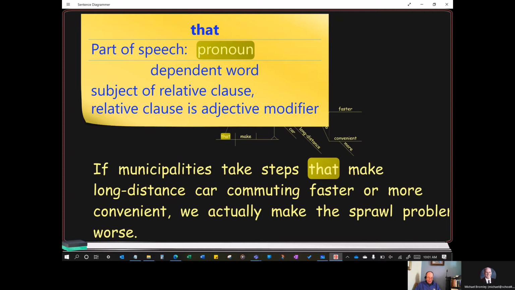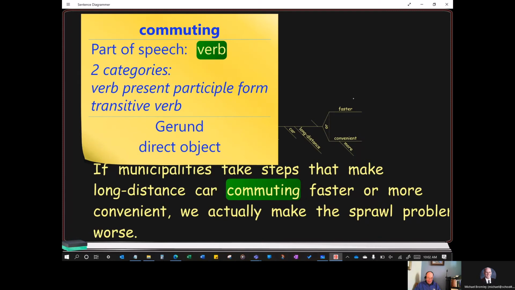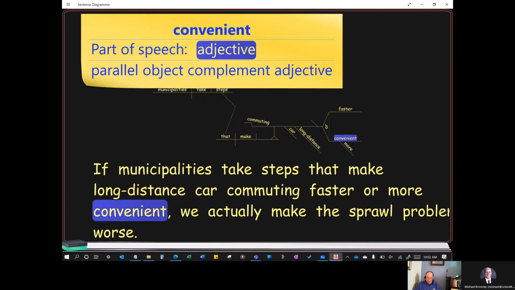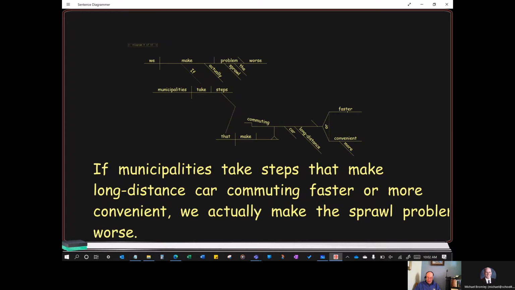It's a pronoun, it's actually a relative pronoun, but that, what does? Steps make commuting faster. See how we go there? That make commuting faster. And then what about long distance commuting, car commuting? And then we have this conjunction here that creates a combination of faster or convenient.